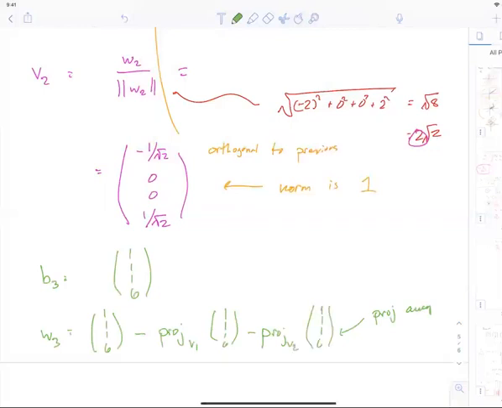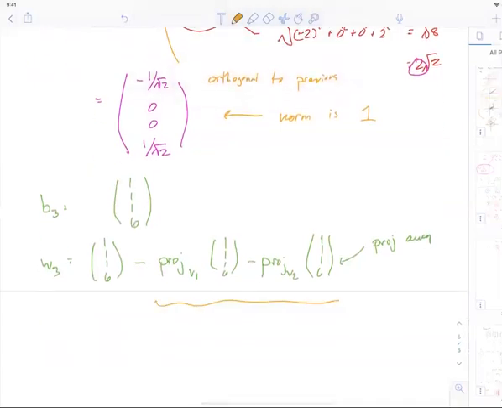And I want to point out what we're really doing here. What we're really doing is we're projecting onto the hyperplane altogether of the previous vectors. So we're projecting away the projection onto the previous vectors and the previous subspace.